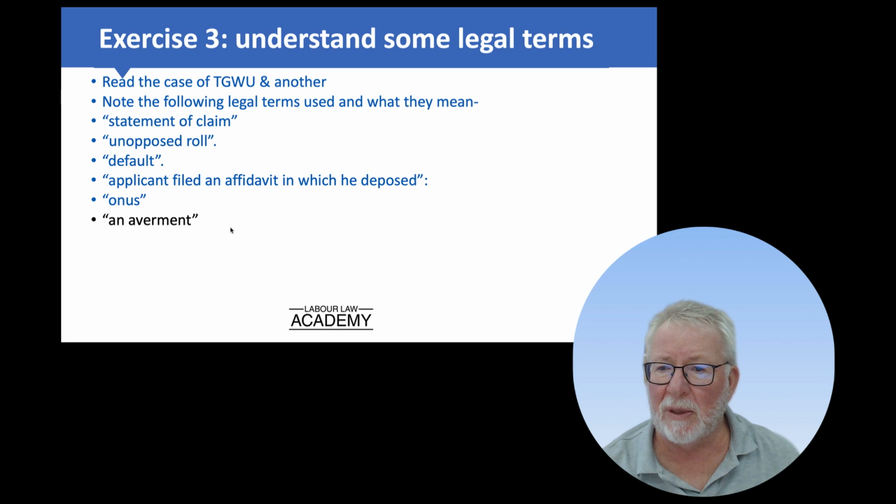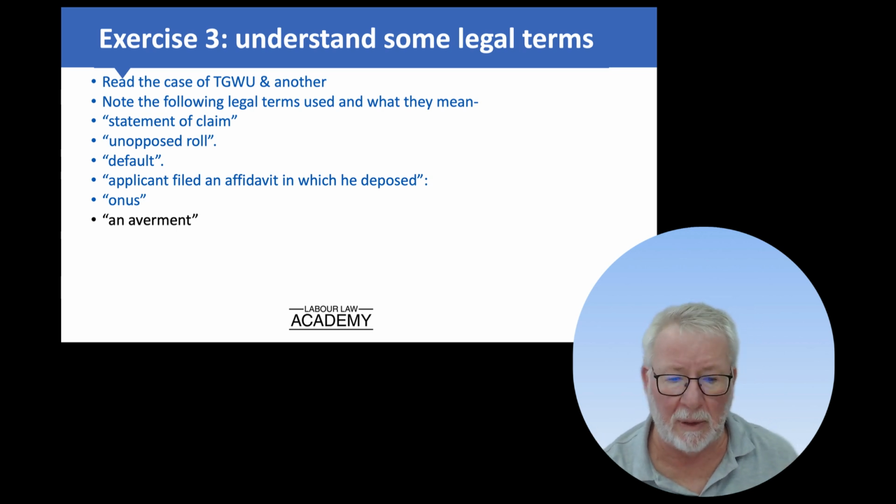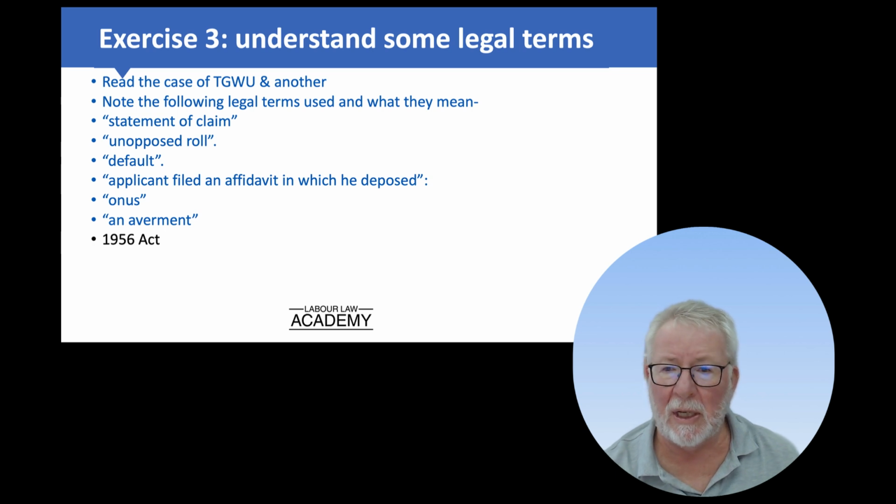An averment, also in paragraph 4, an averment that there's been discrimination. An averment is just a claim. It's a fancy legal word for claim. The 1956 Act, that's in paragraph 7, it's in bold.